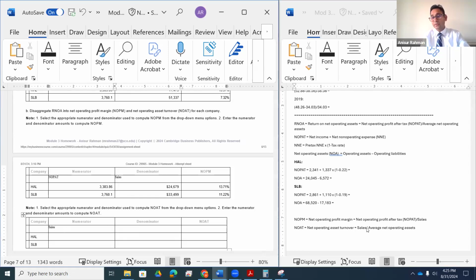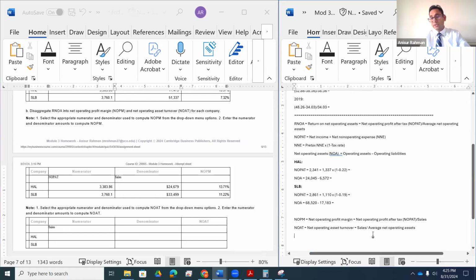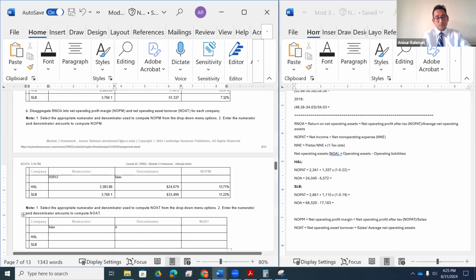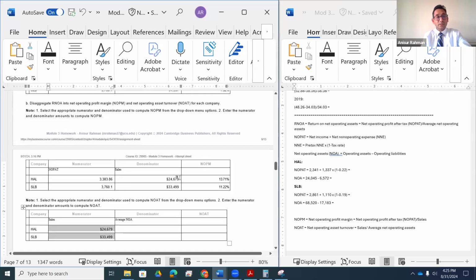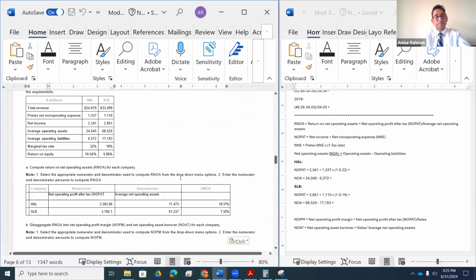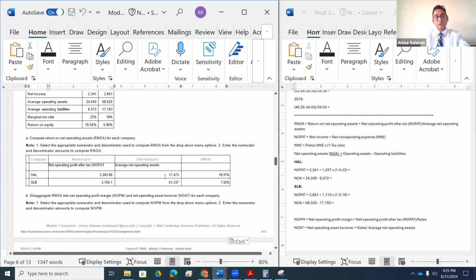Our denominator is average net operating assets. Our sales, we already have them here, so I'm going to just copy paste. And average NOA. We also calculated them. Average net operating assets.